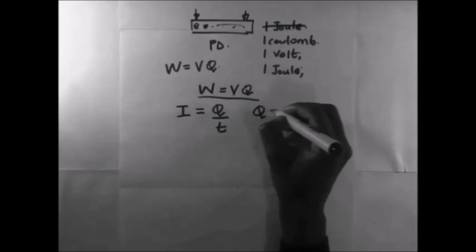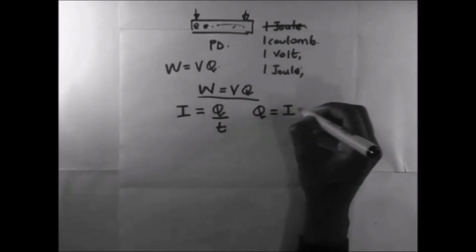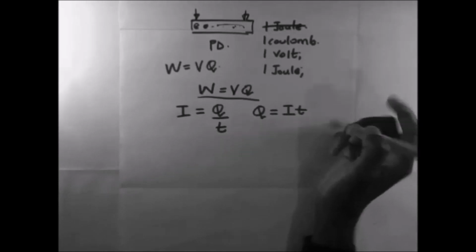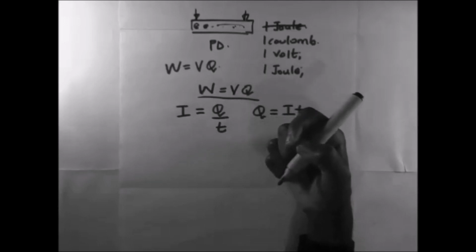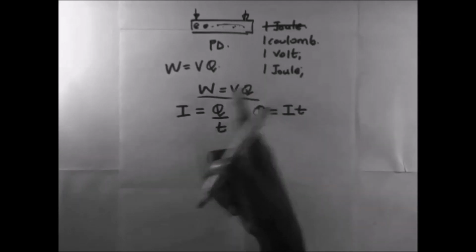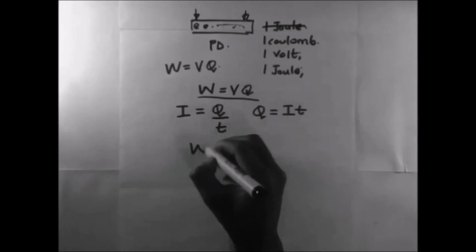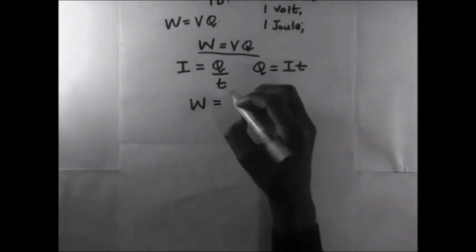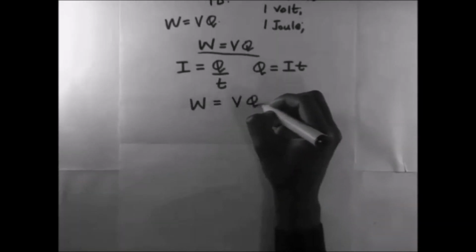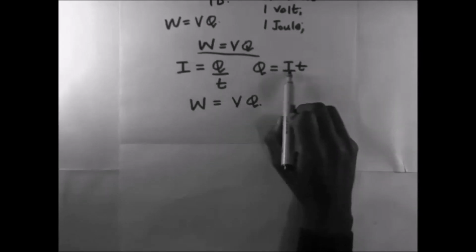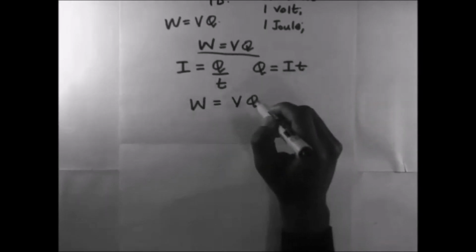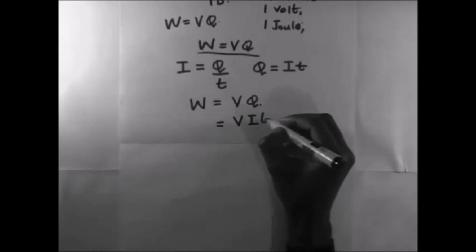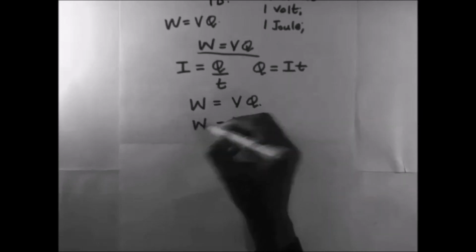That makes Q equal to current times time, I T. So work done is given by V times Q. But we know that Q is equal to current times T, so we substitute for the value of Q. It becomes V times I times T. That is work done, VIT.